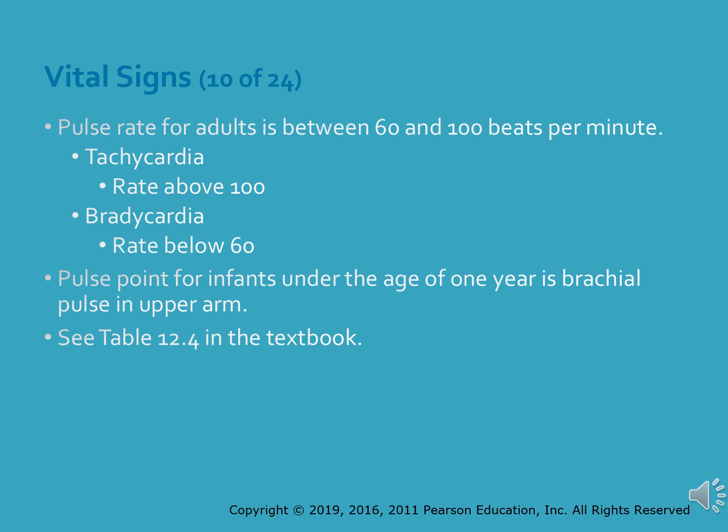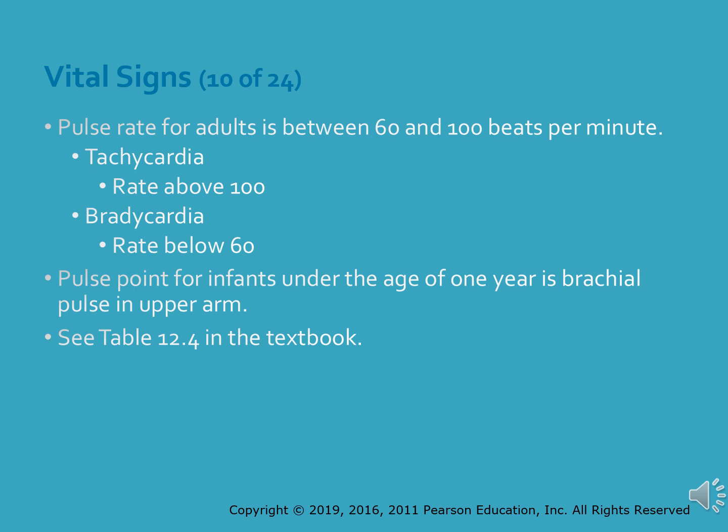For an adult patient, the normal range is between 60 and 100 beats per minute. Any rate above 100 for the resting patient is considered rapid, or what we call tachycardic. A rate below 60 may be considered abnormally slow, or bradycardia.